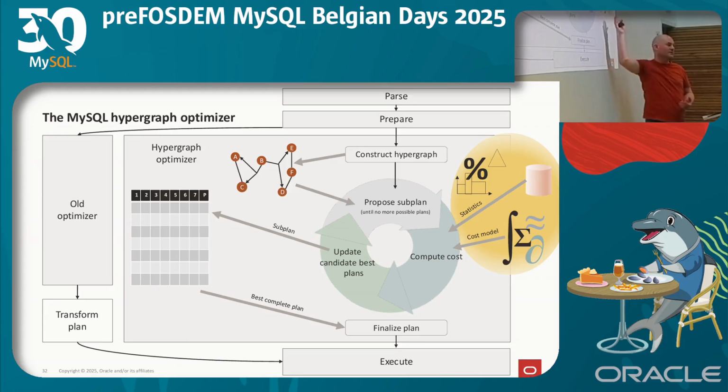We have a cost model that's storage engine specific or execution system specific. And we compute the cost and we have a list of the best plans we've seen so far. And so far we haven't seen any plans. So table scan of A is the best plan we have for accessing table A. Insert that into that table.